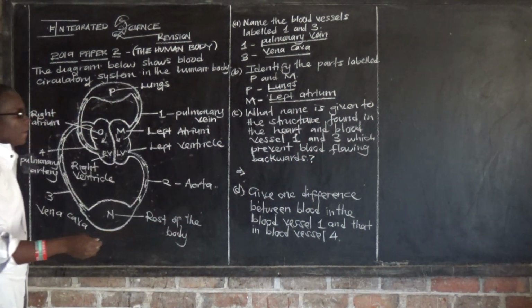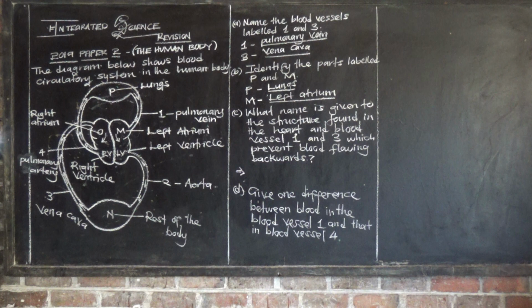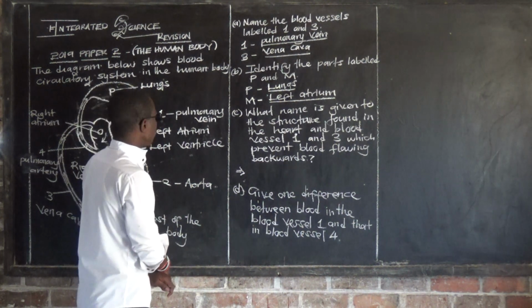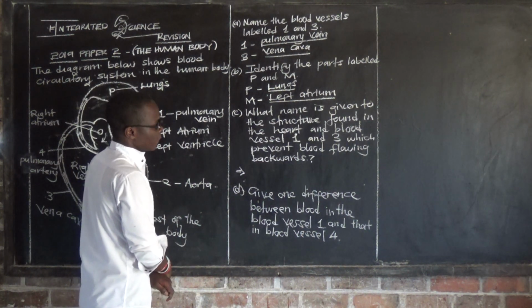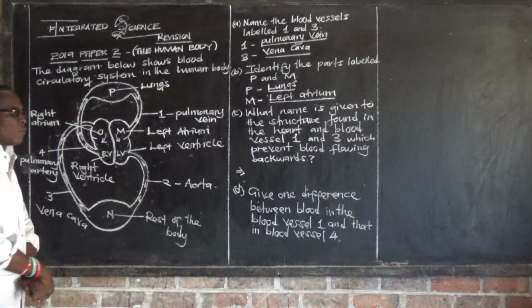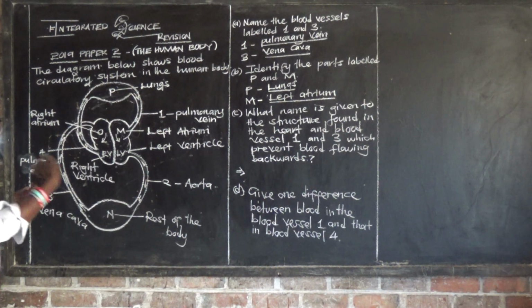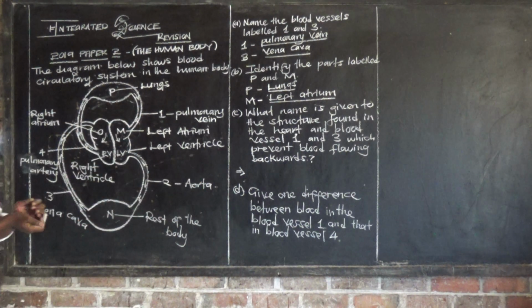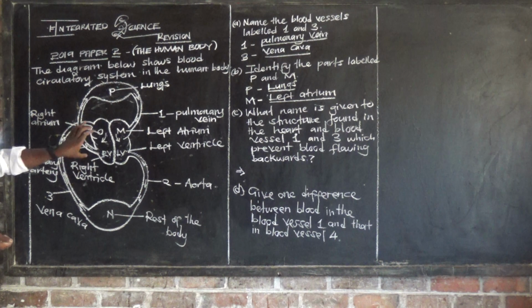Question C, it's saying what name is given to the structure found in the heart and blood vessels 1 and 3, which prevents backflow of blood, or which prevent blood from flowing backwards. Okay? So they want a structure which is found in the heart.